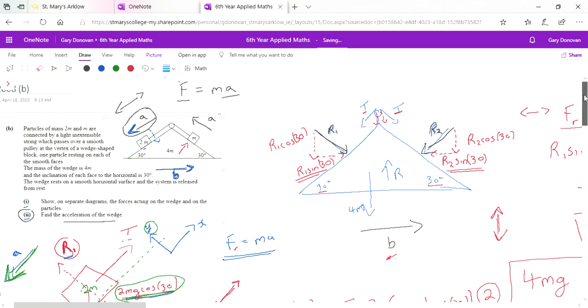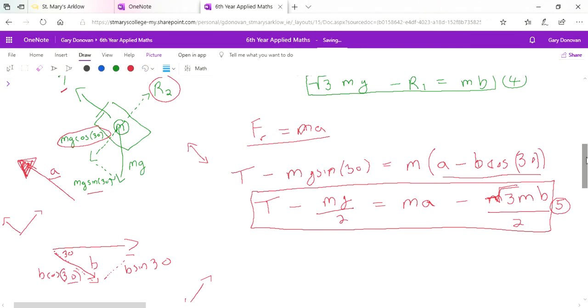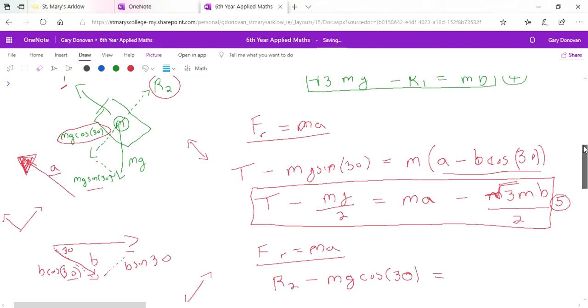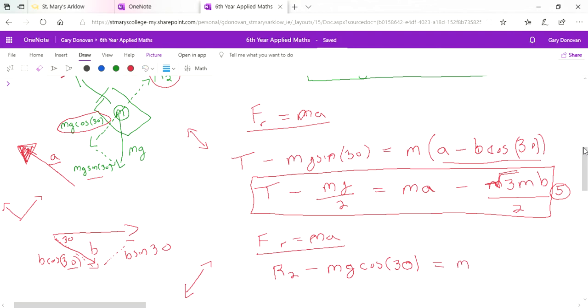So we're going to assume that the R2 vector is going to be bigger. So we'll say our F equals ma is R2 minus mg cos 30, because the R2 is bigger, equals its mass, m, times the acceleration, and there's only one acceleration in this direction, which is b sine 30.